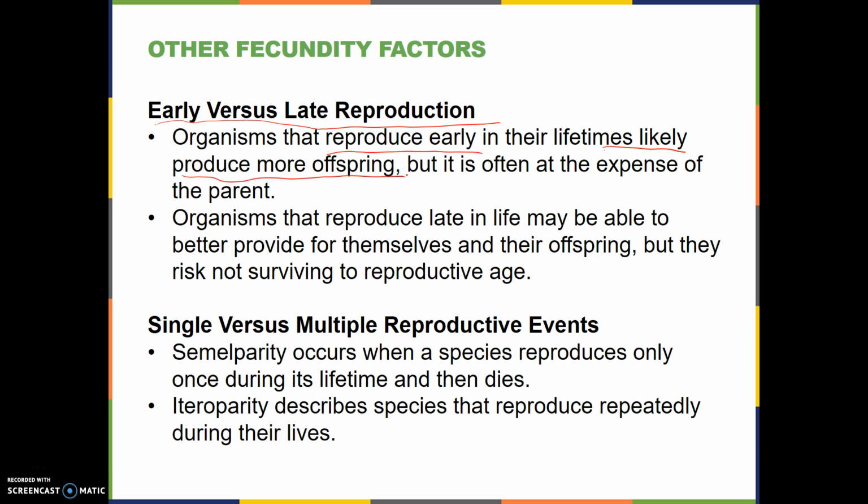And organisms that reproduce late, humans being an example of that, risk not surviving to reproductive age. Reproducing late in life may let them better provide for themselves and their offspring, but the longer they wait, the greater the risk that they won't survive to reproductive age. It's not a very high risk with humans.